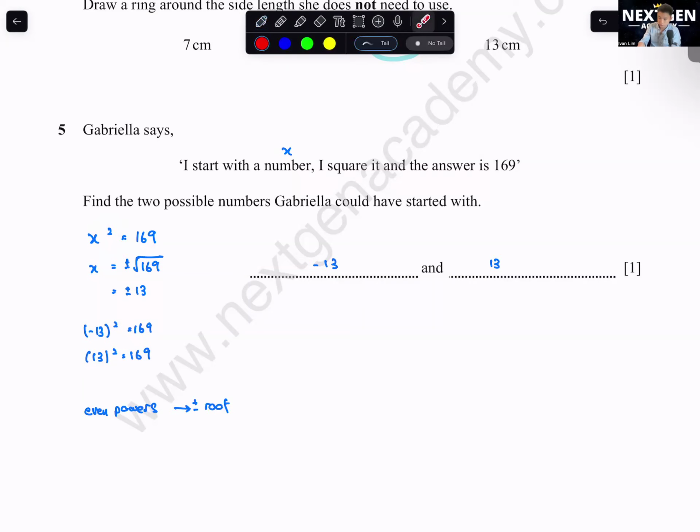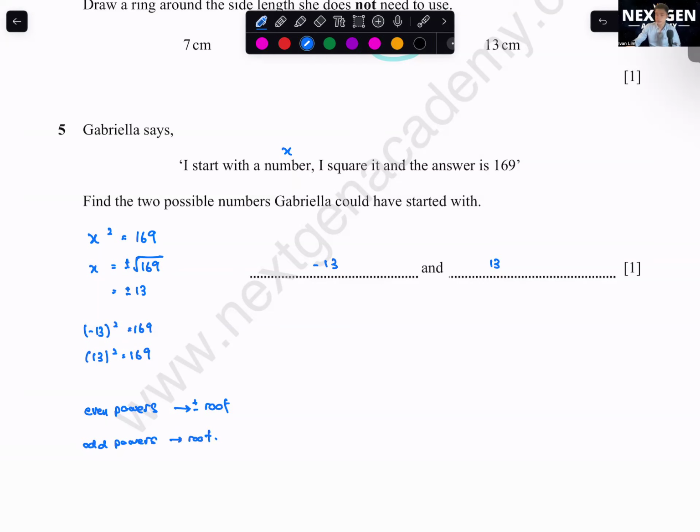So let's say if you want to do power 4, x to the power of 4 equals to, let's say, a value, then you need to do plus minus fourth root. We can do cube root, fourth root, fifth root, sixth root. You just need to put it in the calculator. Odd number, then you don't need it. So for odd powers, you just root it. That's all. Okay, number 5.